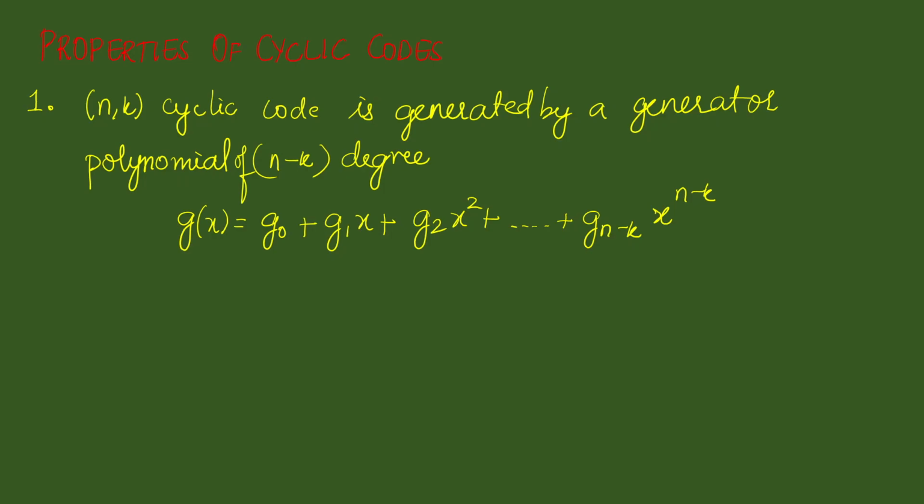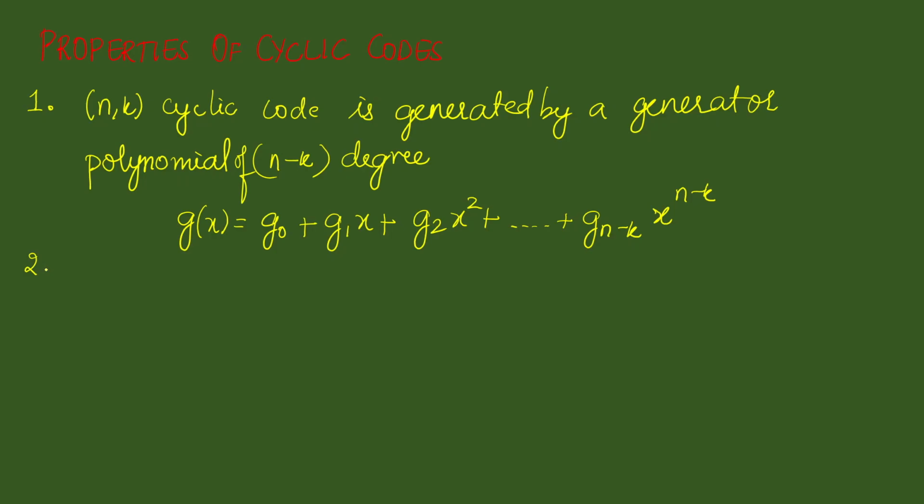Irreducible means, as we have seen in the last video, that there are no factors for this particular type of polynomial. That means if you put either a 0 or a 1, nothing can lead to a value equal to 0. The equation will not equate to a 0. Such a polynomial is called an irreducible or primitive polynomial. So generator polynomials are irreducible or they are primitive polynomials.